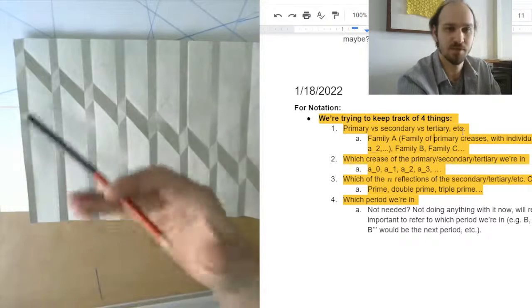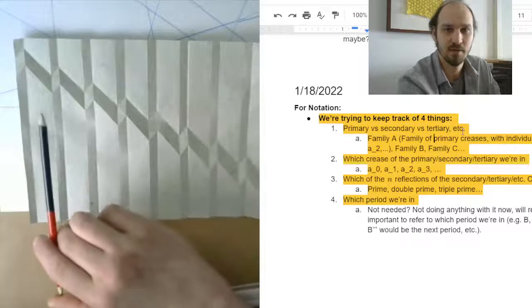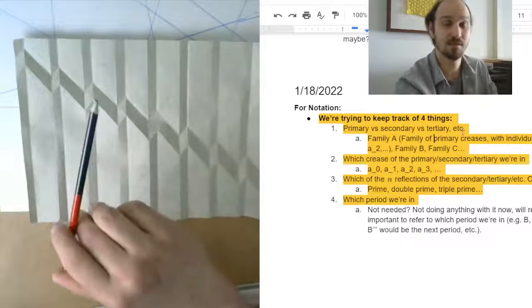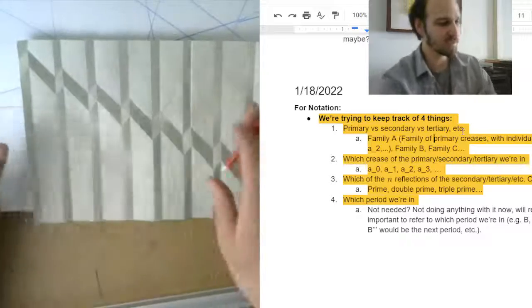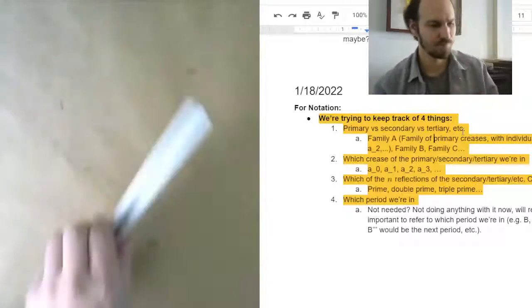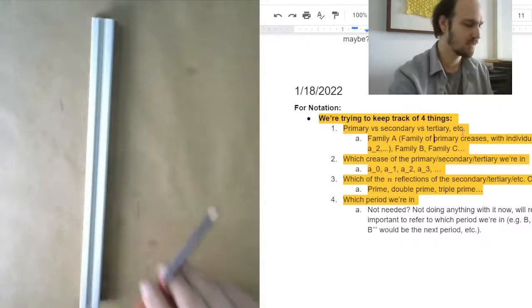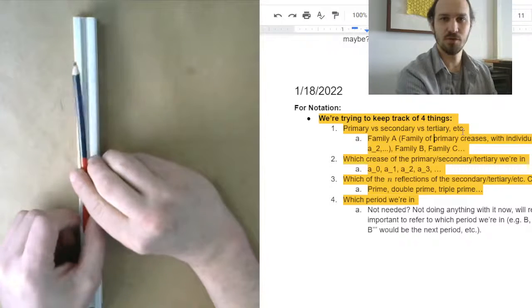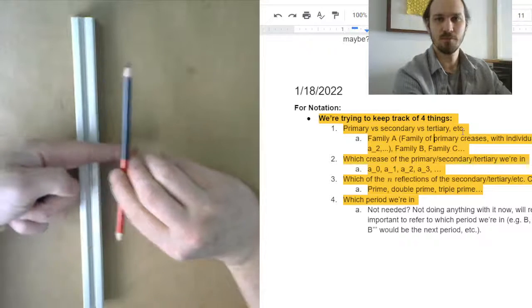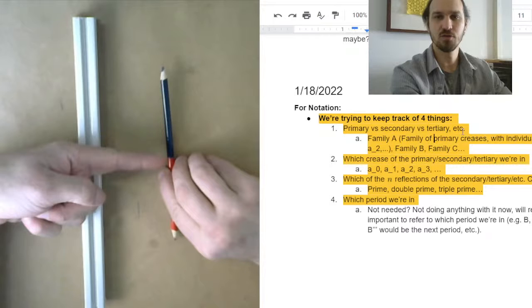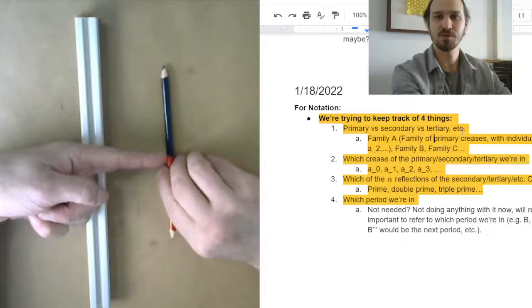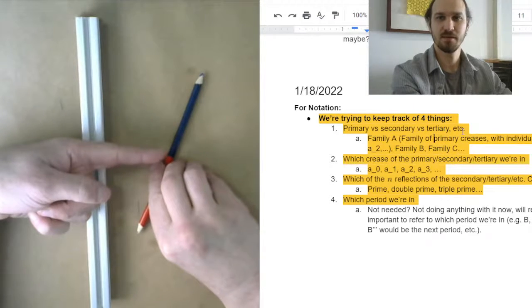So we need to be able to describe the angle and distance. Consider if you have a starting crease and you move a duplicate of that crease over a certain amount, and then you rotate a certain amount.